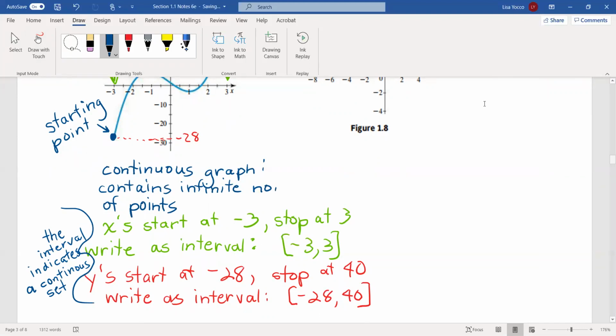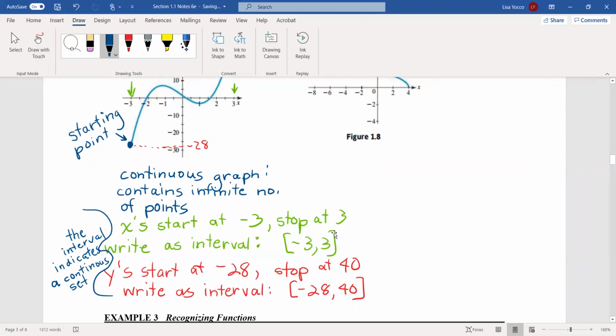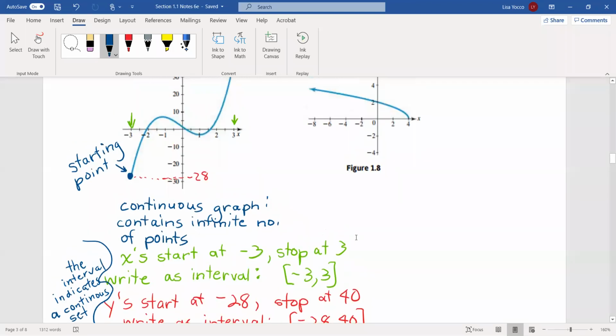So again, when I write that interval, the negative 3, comma 3, that means all the numbers between negative 3 and positive 3. All right. Let me know if you have a question on that one.